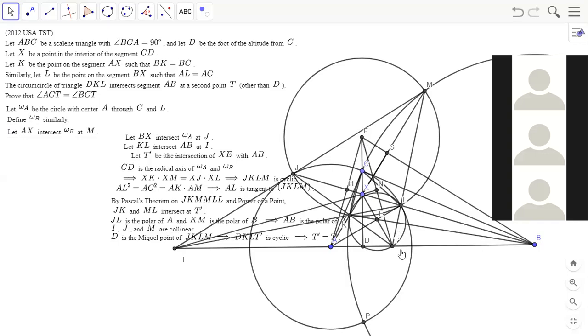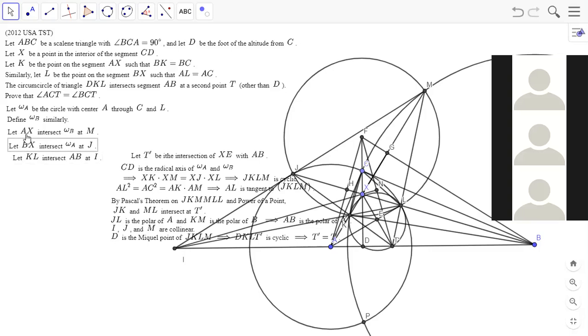Fn times Ft prime. So if you take an inversion with that product, it takes C to P. This implies C, T prime, P is cyclic. How did you know that?